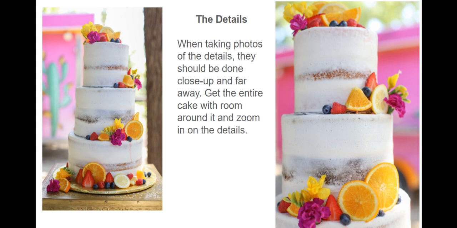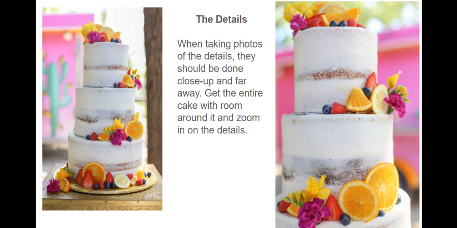You'll also want to take photos of the details. You'll want to do obviously close-ups and far away. Get the entire cake with room around it, all the way around it, above it, on both sides and below it. And then you'll want to zoom in and get some more of the details. You can even zoom in a third time, more than I did.